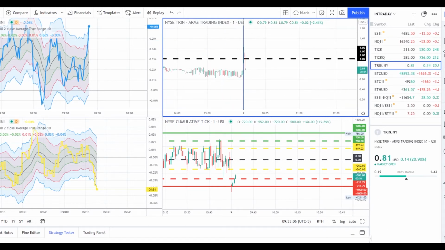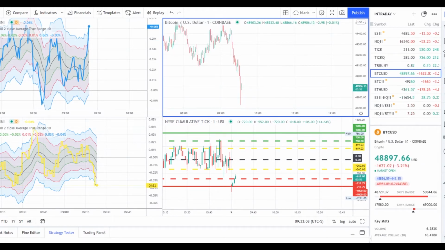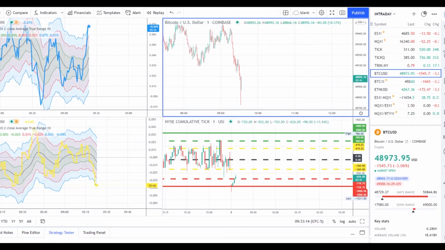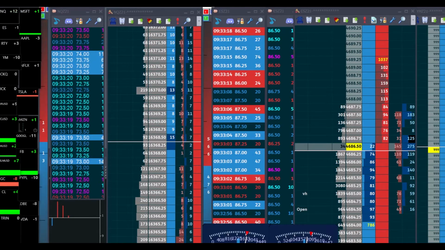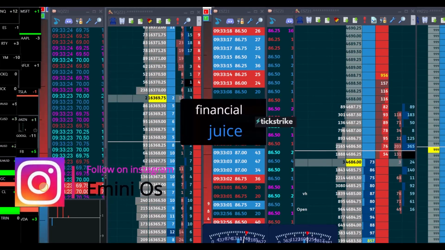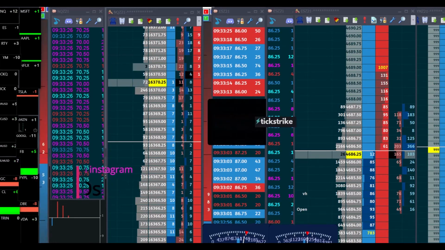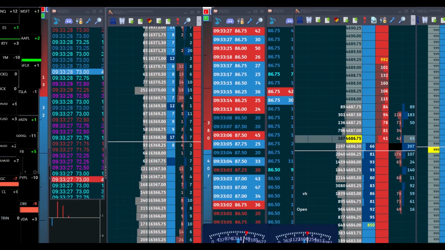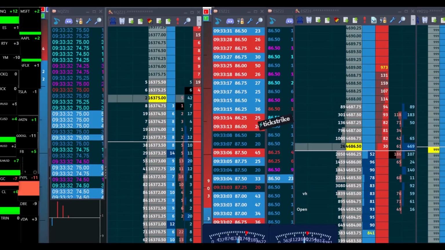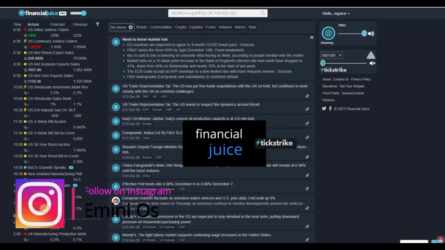I think every move up or down is kind of being absorbed, so I'm going to have to be cautious here.